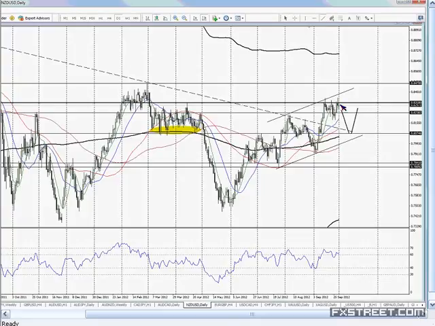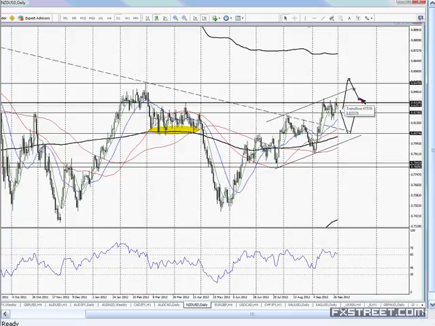Now, as far as the upside, because I see so much downside risk here, I'm not going to be able to get in on this rally if it does rally. But when it gets close to 84.70, this high here, and the 85 handle, I'll probably be looking at a reversal from there.